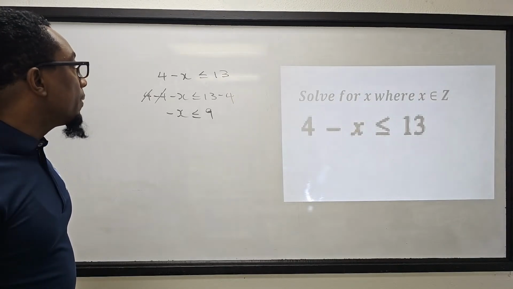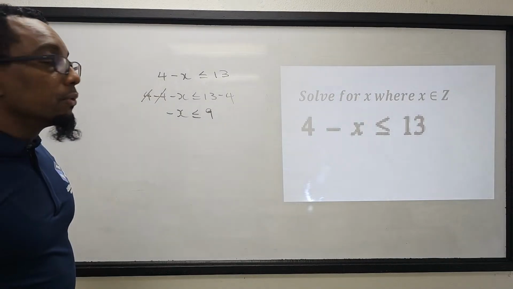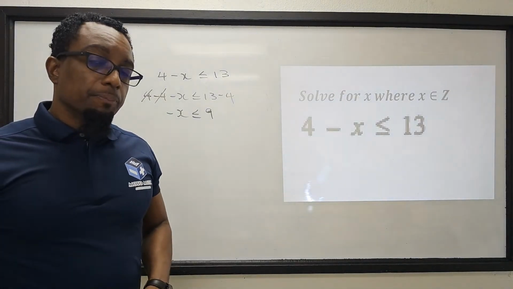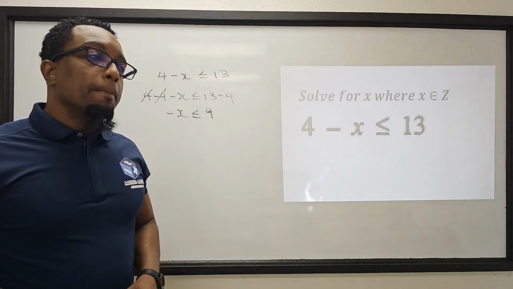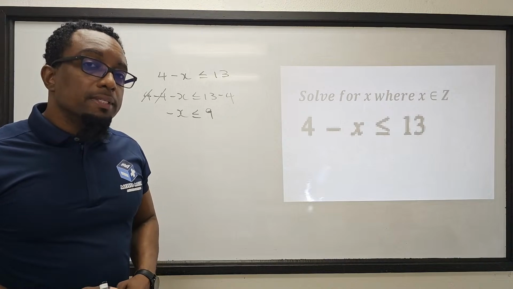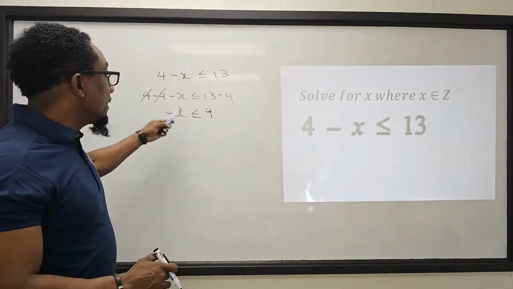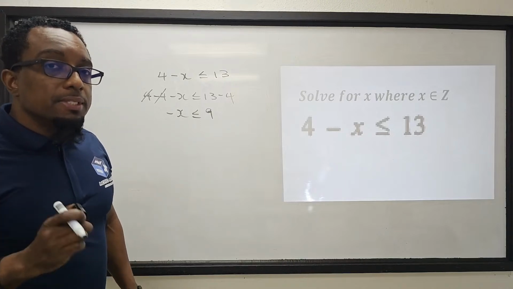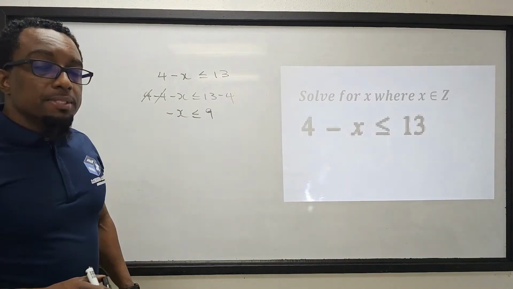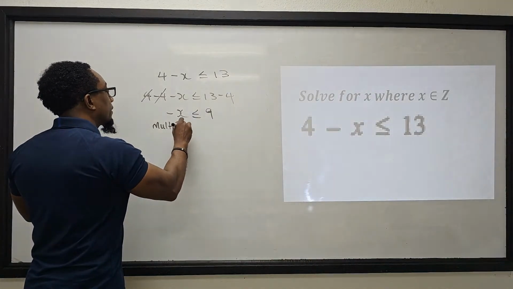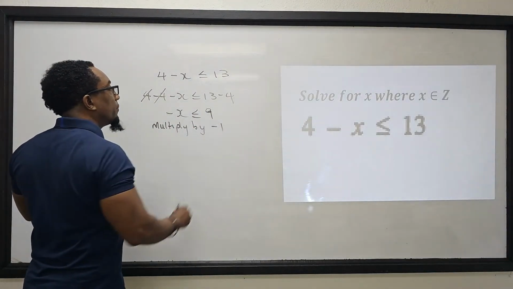To make x positive, we have to multiply. This is very important with inequalities. Anytime you have to solve for the unknown quantity, make sure it is on the left-hand side, but always make sure that unknown quantity is positive. So to make it positive, I'm going to multiply by negative 1.